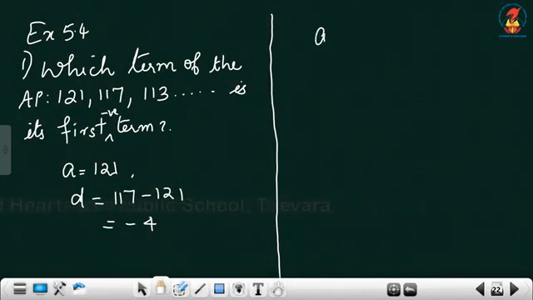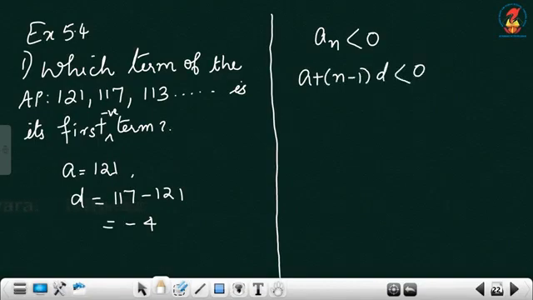So we need to take a_n less than 0. a_n is a plus (n minus 1) into d, which is less than 0. So a is 121 plus (n minus 1) into minus 4 is less than 0.